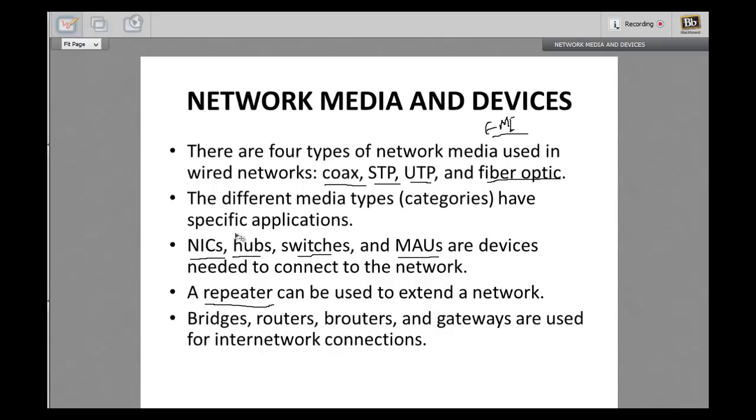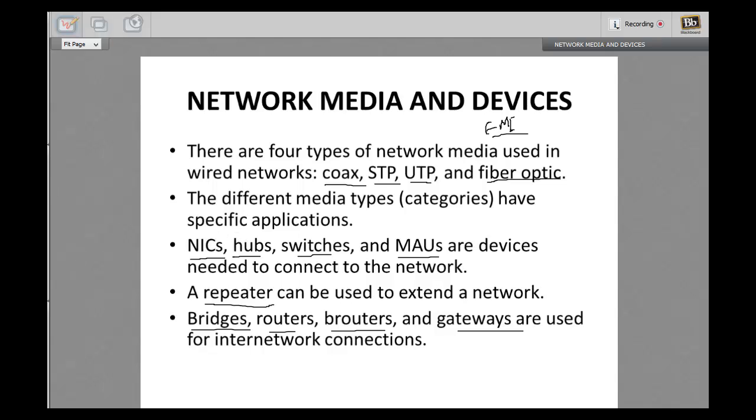A repeater can be used, as I said, to amplify the signal, so the network can be extended. If the communication is within 500 meters, for example, you can extend it with a repeater to become 2,000 or 3,000 meters with the same quality. We have devices like bridges, routers, brouters, and gateways.